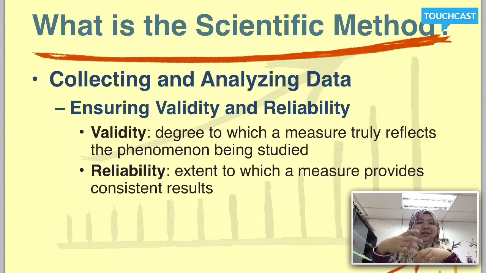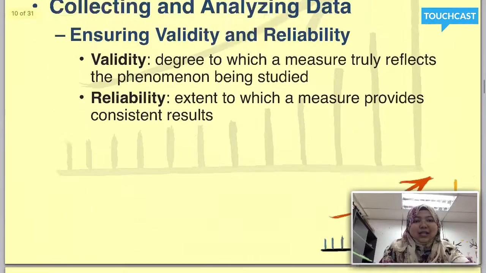But validity means that if another researcher uses the same research method and follows the same steps on the same issues, they will get the same result as yours. So this is validity.